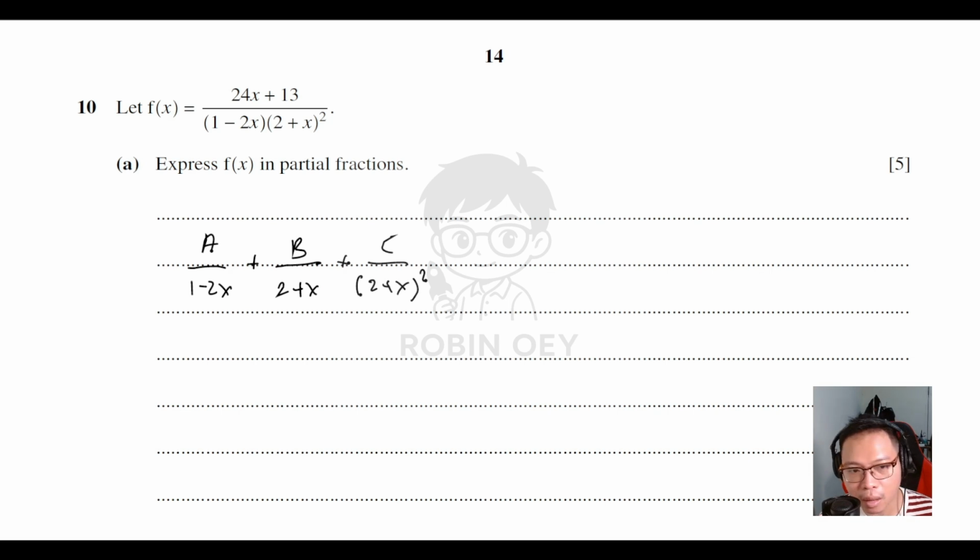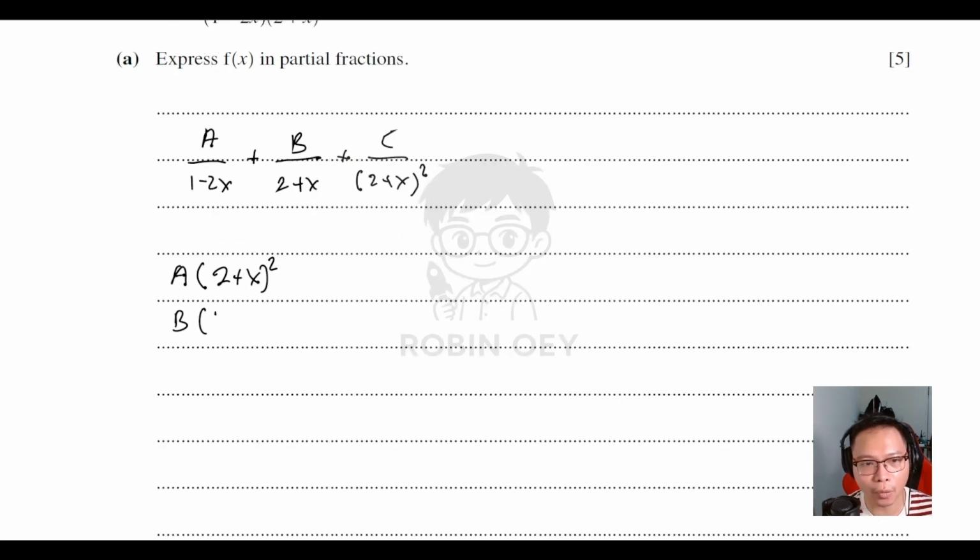Now we have A times (2 plus x) squared, then B times (1 minus 2x)(2 plus x), then C times (1 minus 2x).